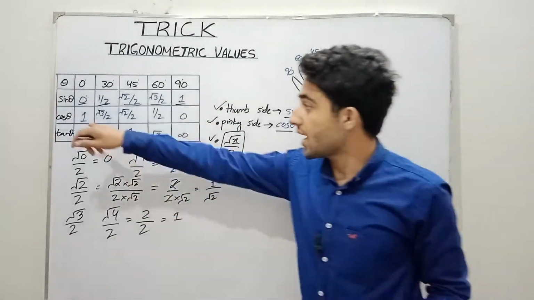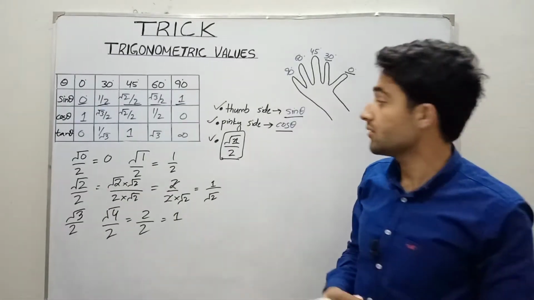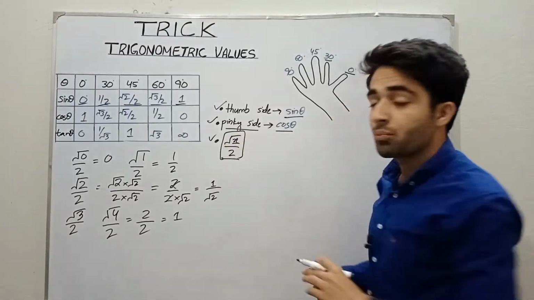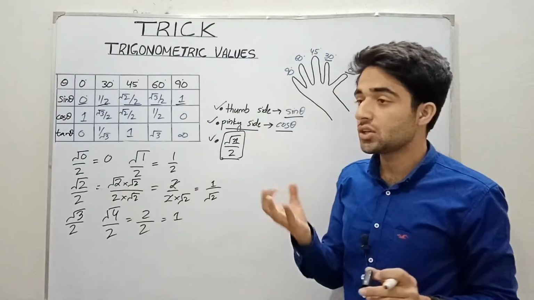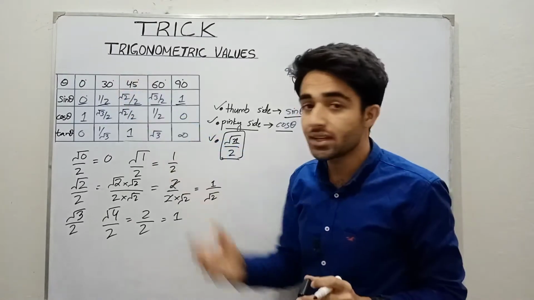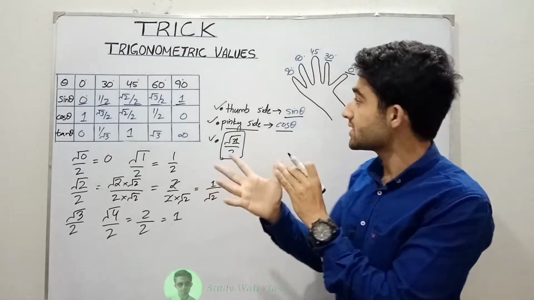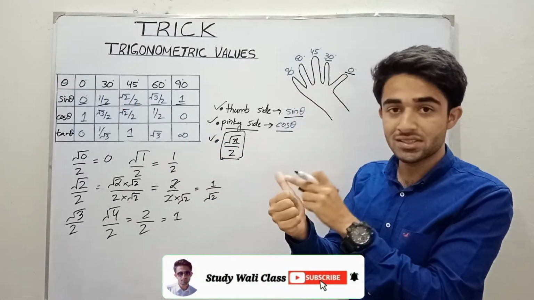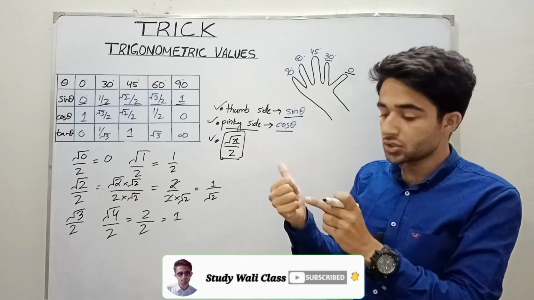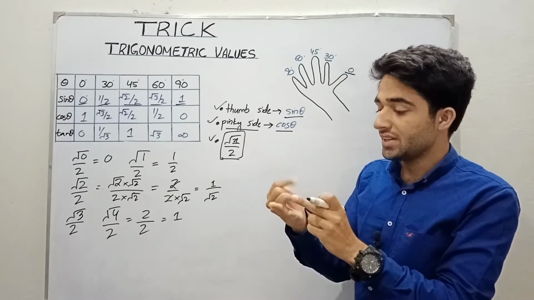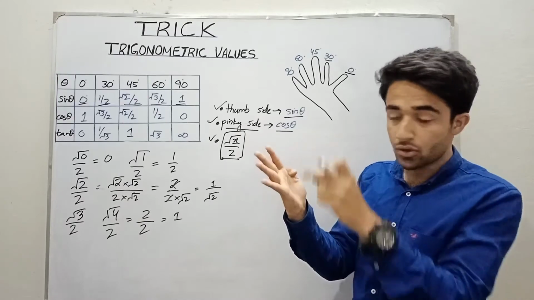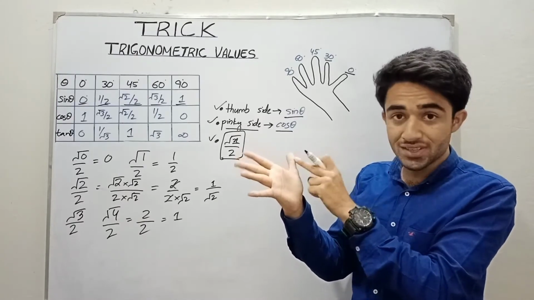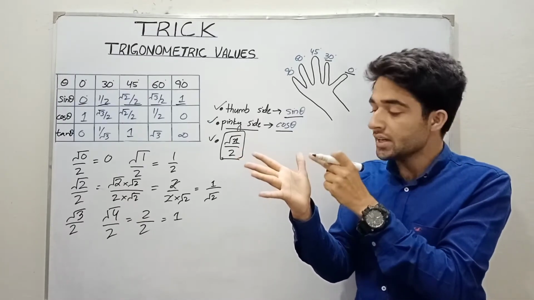Then we have the cos theta values, and as per the second point the pinky side represents the cos theta values. For 0 degree, 0 degree is this finger. In the direction of the pinky finger there are 4 fingers from this finger which represents 0 degree.